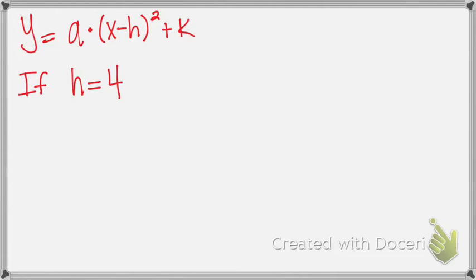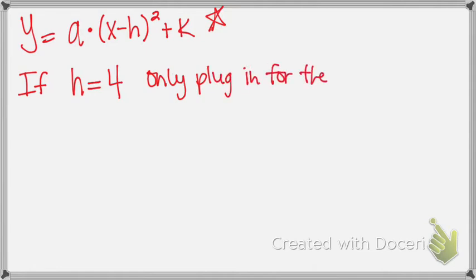Now, I'm not plugging in x plus 4. Because you know this generic equation is this right here. You are only plugging in for the letter. I want you to write that. Only plug in for the letter.